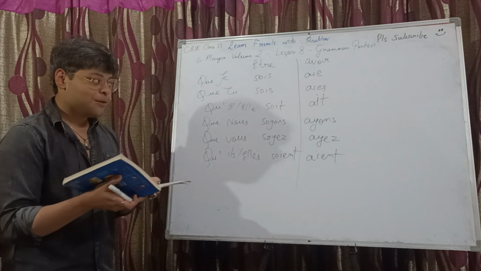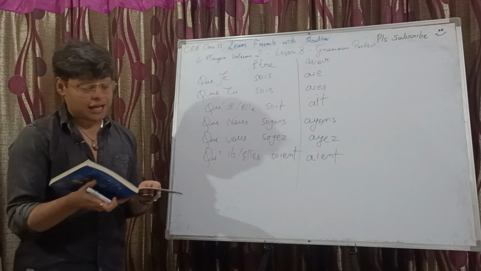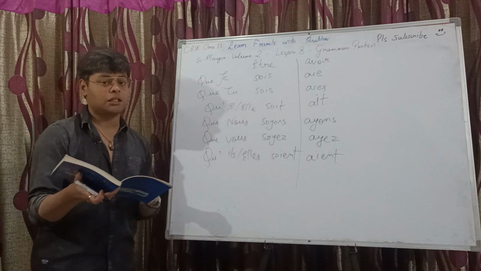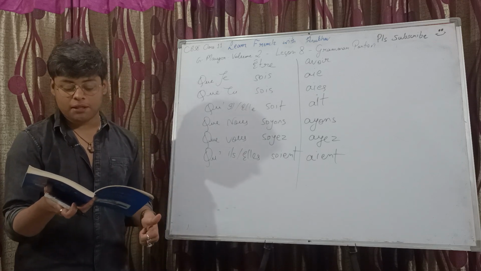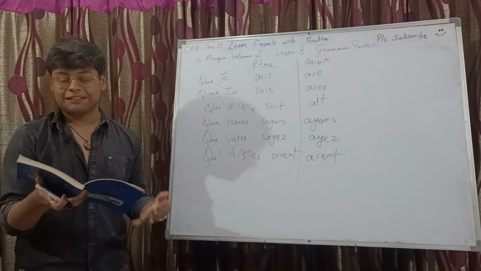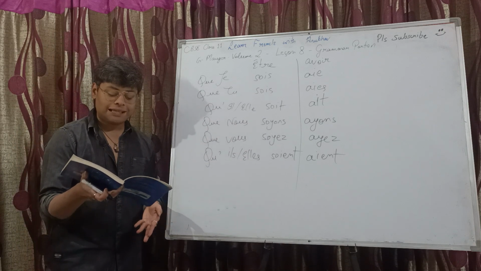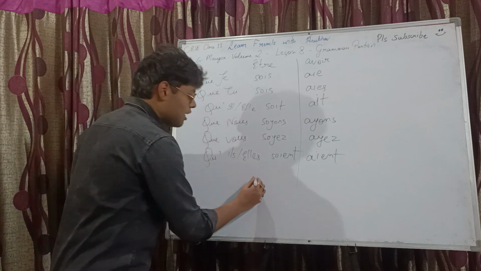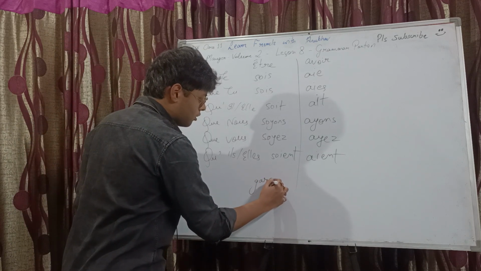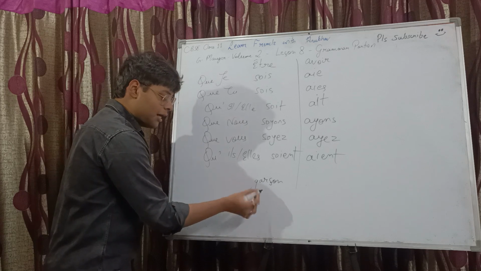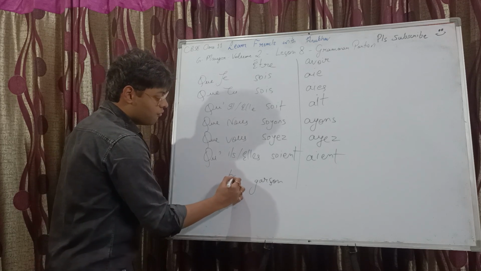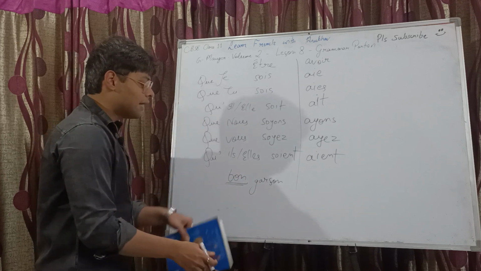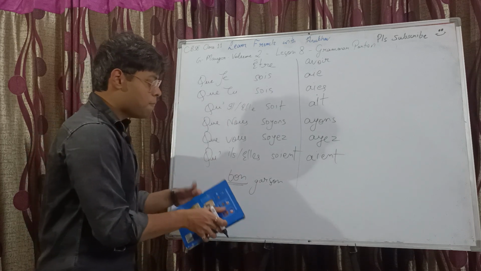Easy. So the adjective agrees with the gender, whether the noun is masculine or feminine, and with the number, singular or plural, of the noun it qualifies. For example, if garçon is masculine singular, then the adjective for garçon will be bon, in masculine singular form. And the second example given here is bonne fille.